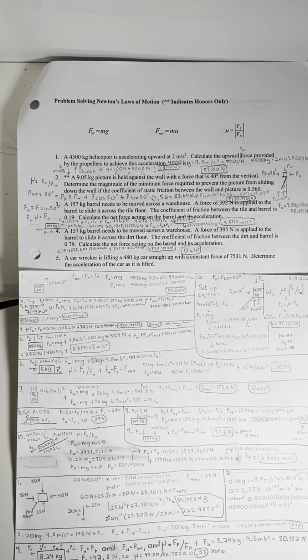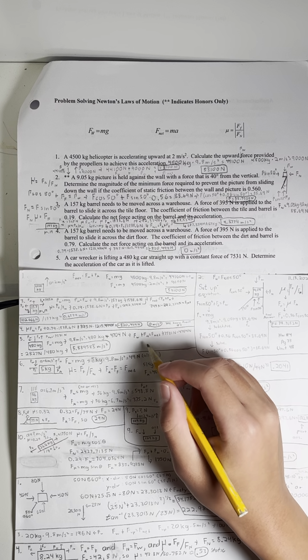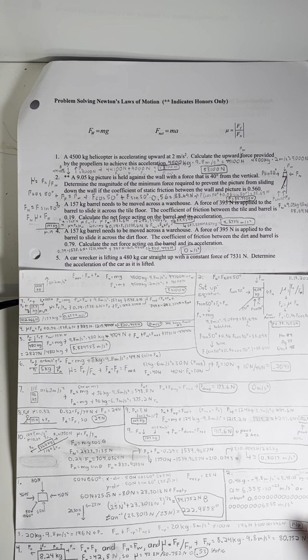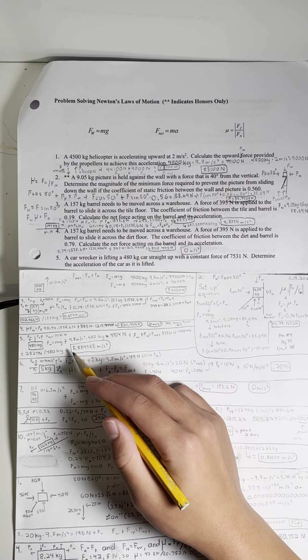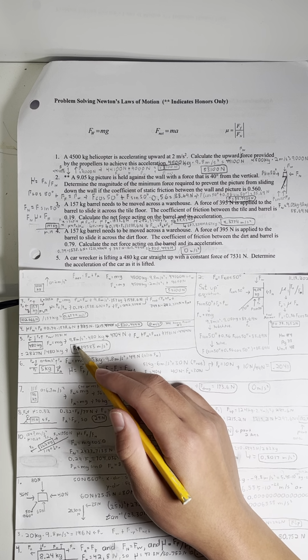And we set up an equation of force weight plus force applied equals force net. How do you calculate force weight? Pretty straightforward. Force weight equals mg, 9.8 meters per second squared, times 480 kilograms, which is the mass of our object in this case, and we get 4,704 newtons.